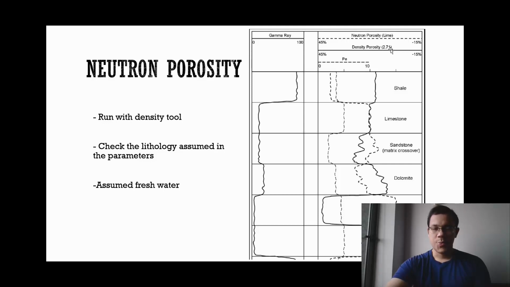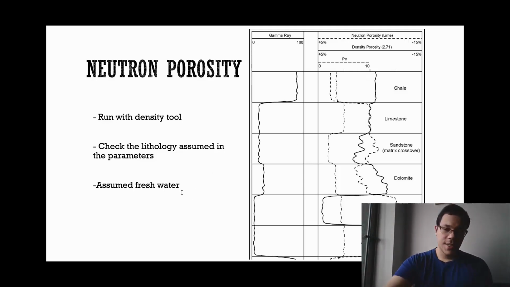This is the density expressed in grams per cubic centimeter. The most common approach would be to think that if both tools read the same, assuming this matrix, odds are that they are right. So we might assume that this formation is limestone because neutron and density both read the same.